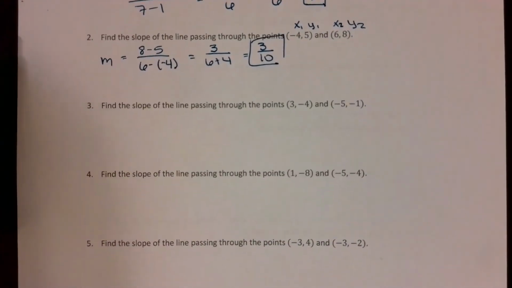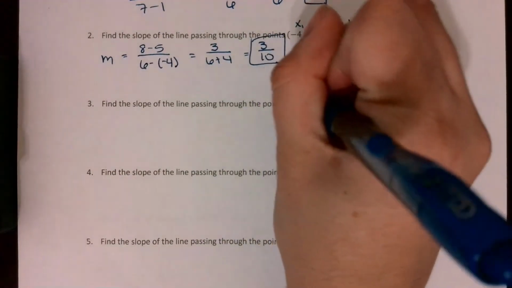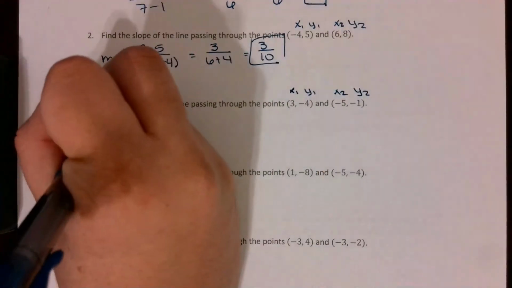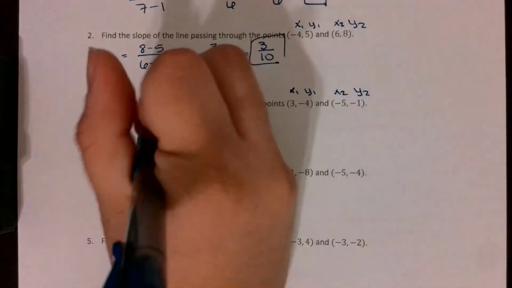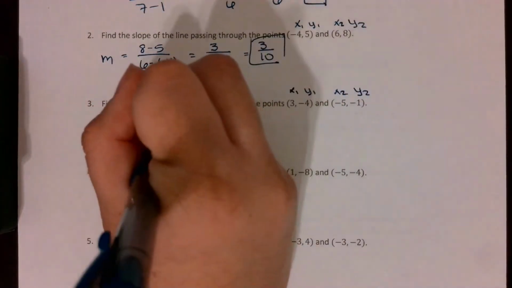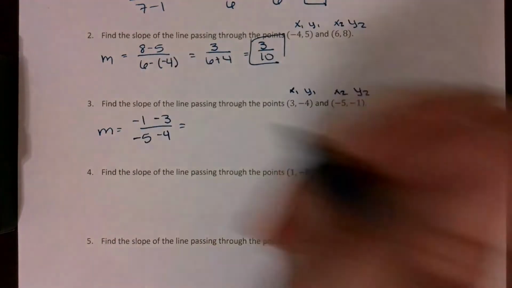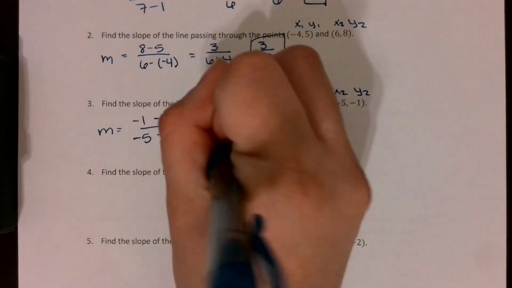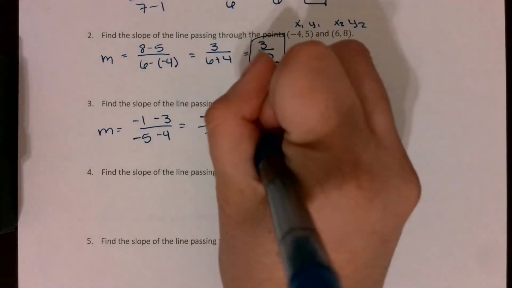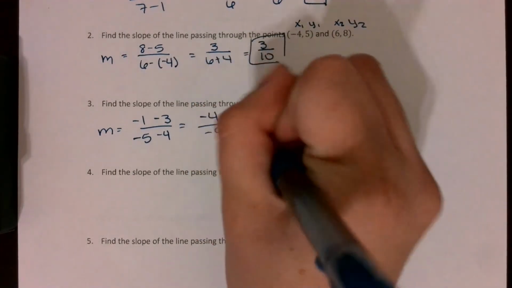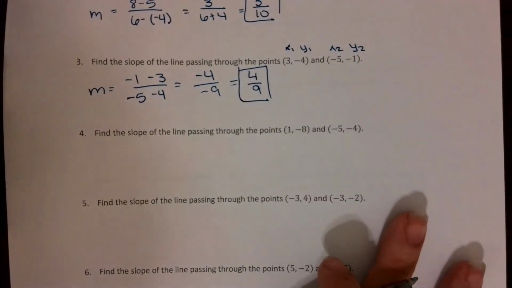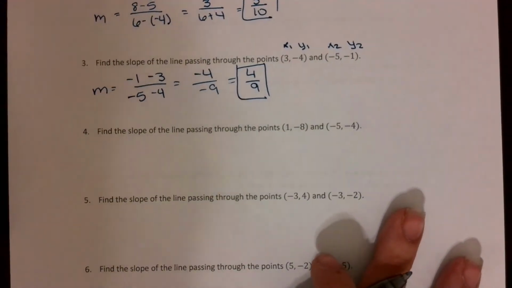Okay, number 3, same thing. Plug in. I get -4 on the top, -9 on the bottom. 2 negatives make a positive. Okay.